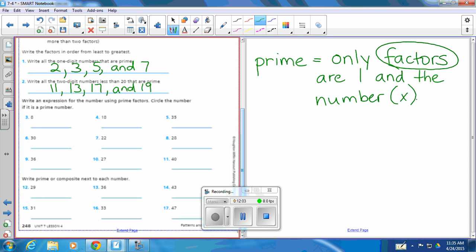So we're going to only use these numbers as factors, multiply them together to create the number 8. What are the only factors that we can use to create 8? We'd have to take 2 times 2 times 2. 2 times 2 is 4. 4 times 2 is 8. It's the only way we could get to 8.